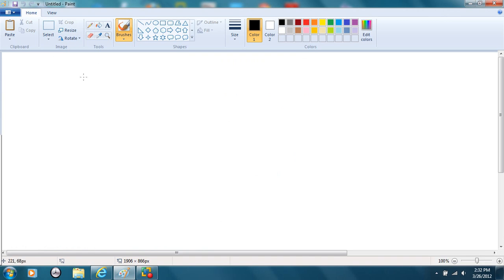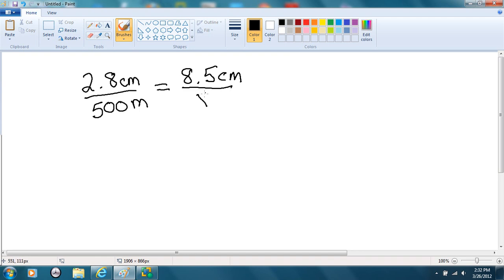I'm going to go 2.8, and I'm going to keep the units in this time, centimeters, is to 500 meters as 8.5 centimeters is to x meters. If I do that, I get 2.8 x, and I also have a meter times a centimeter. I'm going to include these to show you that the units work out.